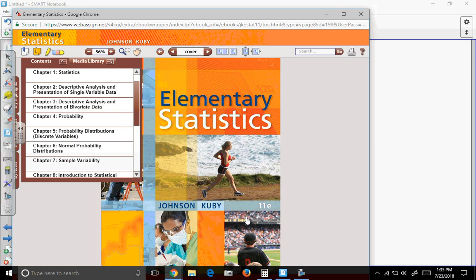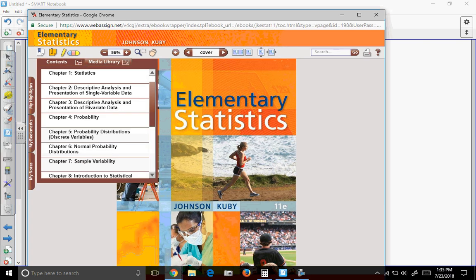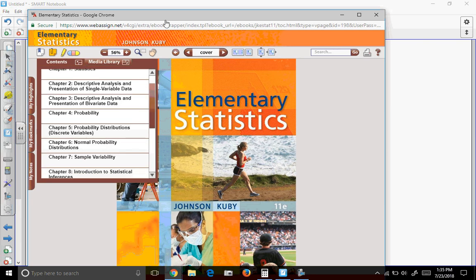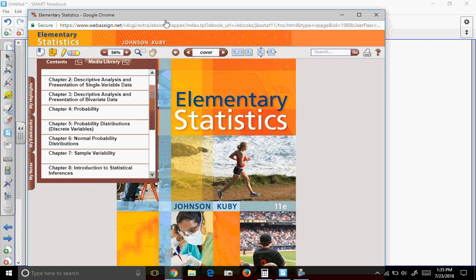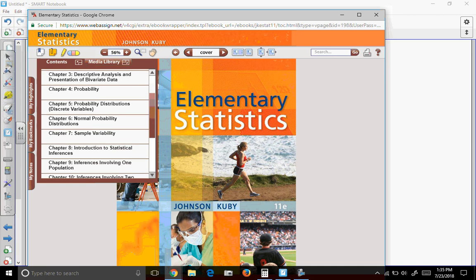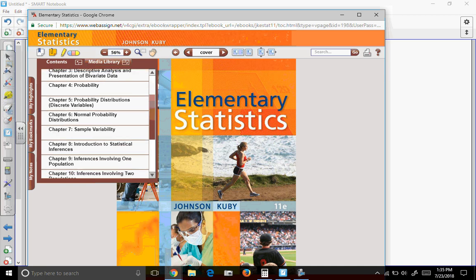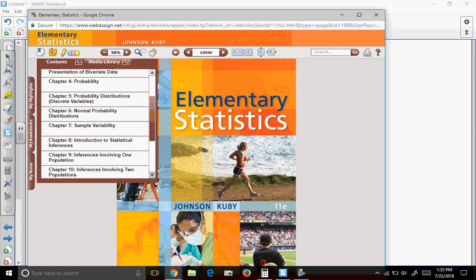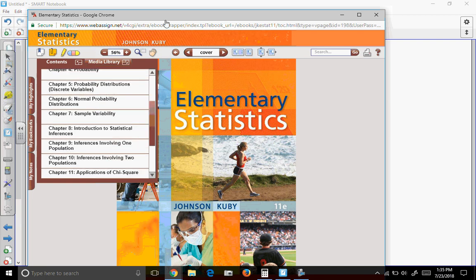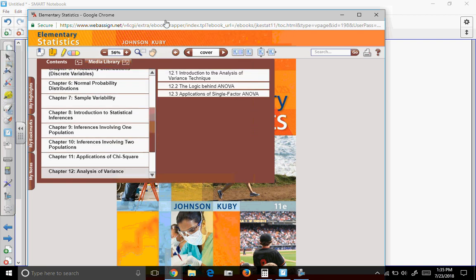If you go into the ebook and then slide down, sliding down slowly.